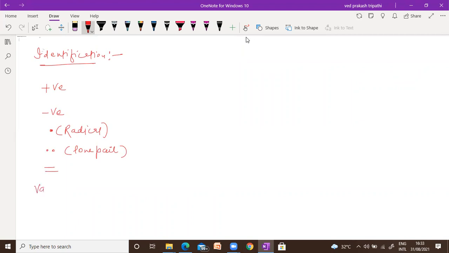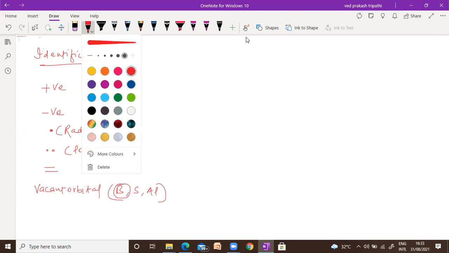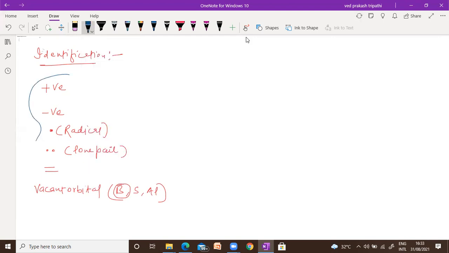And the last option is vacant orbital. Generally, in case of vacant orbital, boron is a very common one. Boron and sulfur, aluminium as well, but out of these three, boron is most important. So these groups are known as positive, negative, lone pair, radical, double bond, and vacant orbital.